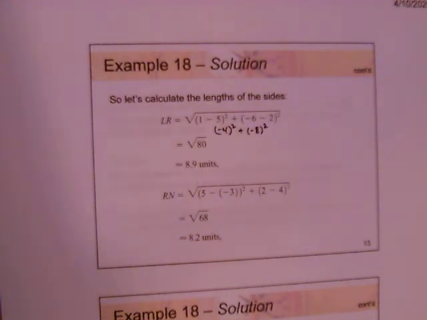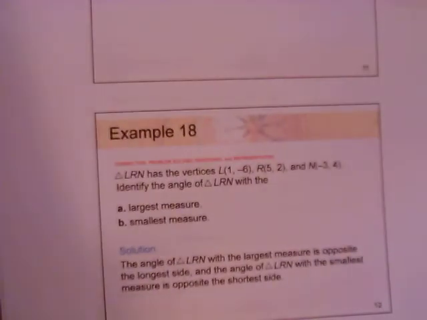Then take the square root of 80, you'll get approximately 8.9 units using the calculator. And then RN, now in this case, R is the ordered pair 5, 2, and N is negative 3, 4.